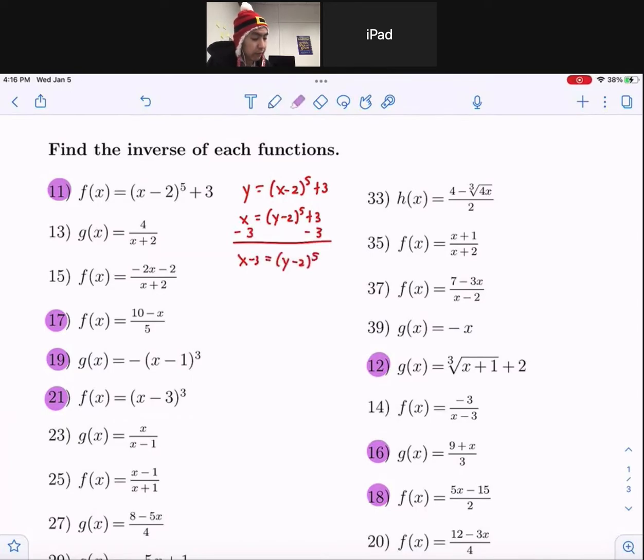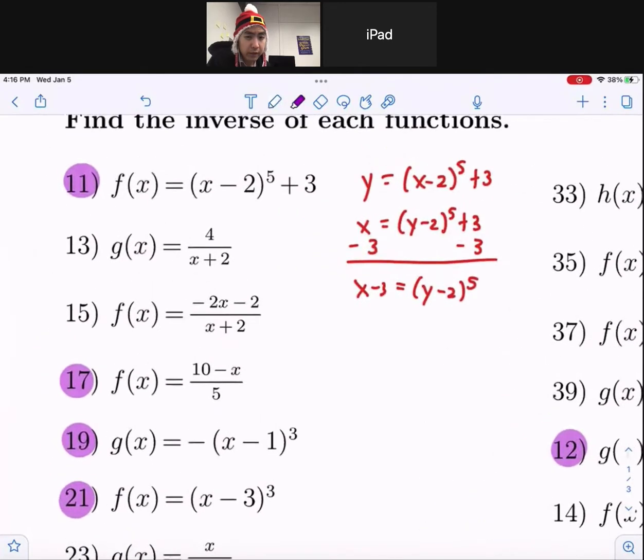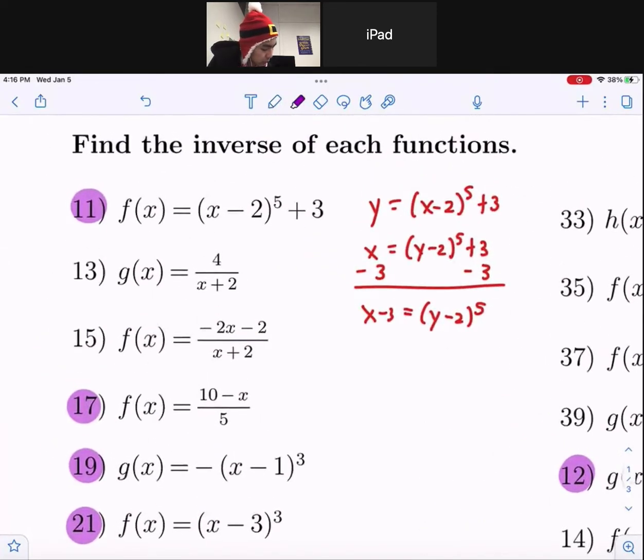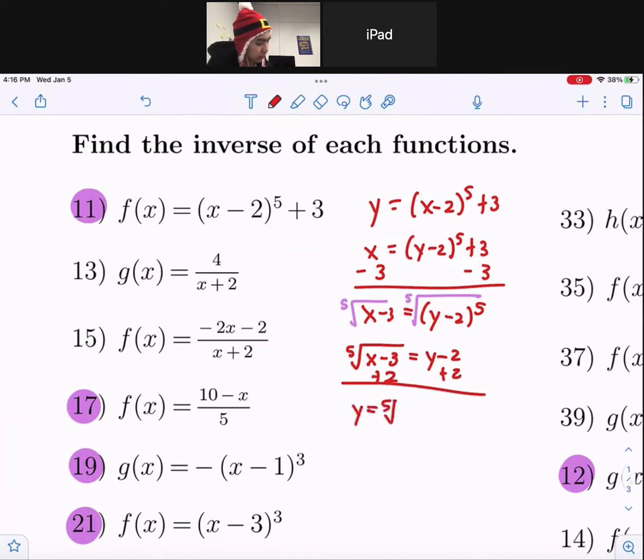Now to get rid of that fifth degree, take the fifth root of both sides. So the fifth root of x minus 3 equals y minus 2. Then to solve for y, add 2 to both sides. So we have the fifth root of x minus 3, plus 2. And that is your inverse function.